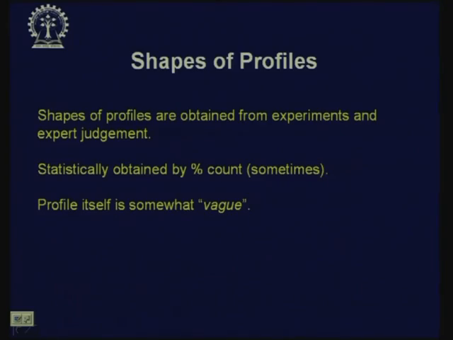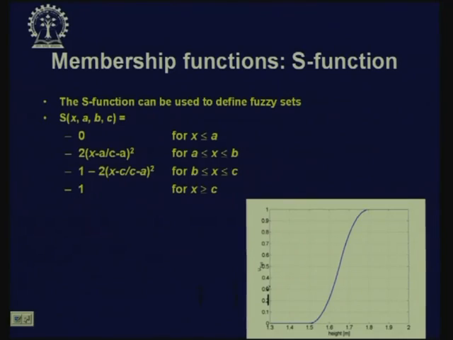And then we see how many people have really said that 5 feet 8 inches should belong to tall. Based on that, we try to put in some measure of membership. But however, this profiling all said and done is somewhat vague, and this has to be done by the expert, or the user who wants his or her notion of fuzzy set to be captured.